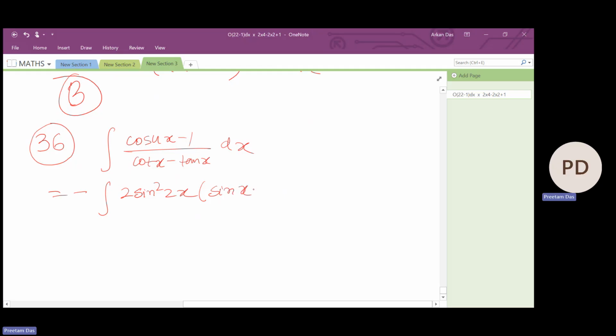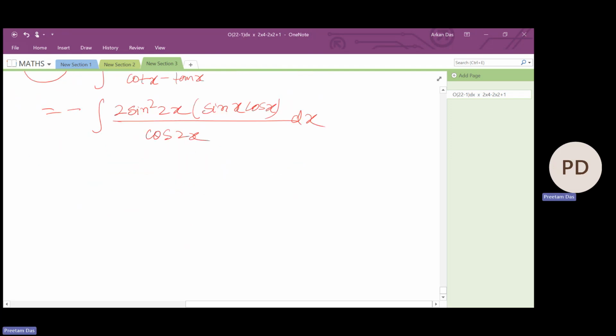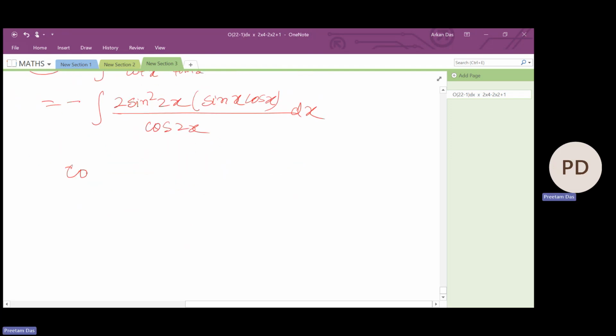After simplification, sine x cos x, and the denominator will become cos square x minus sine square x, so cos 2x dx. Let us consider this cos 2x as y. So sine 2x dx is dy by 2.